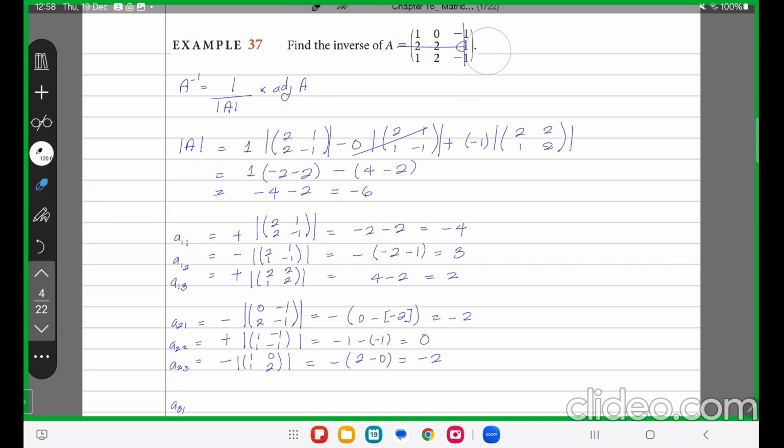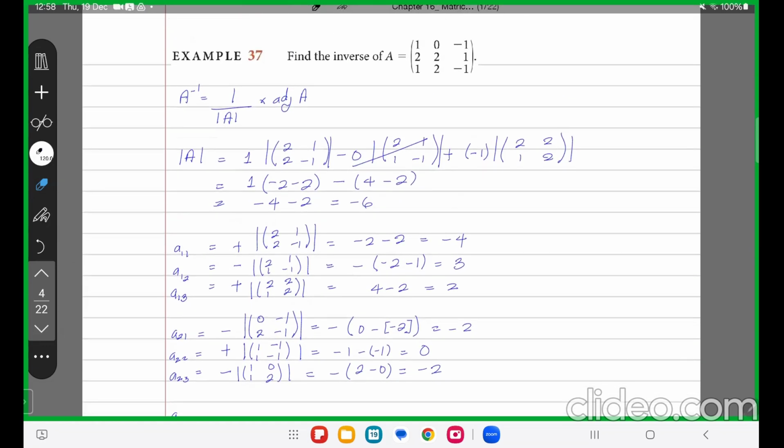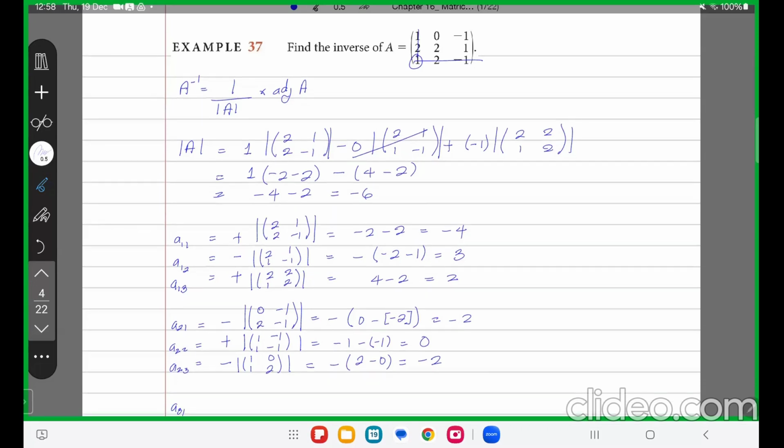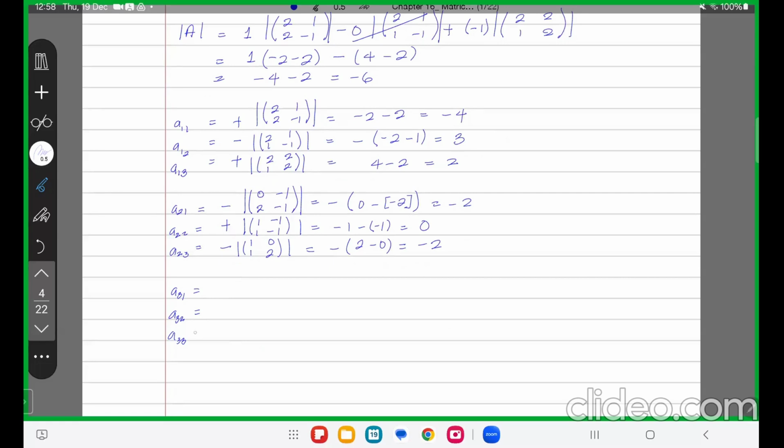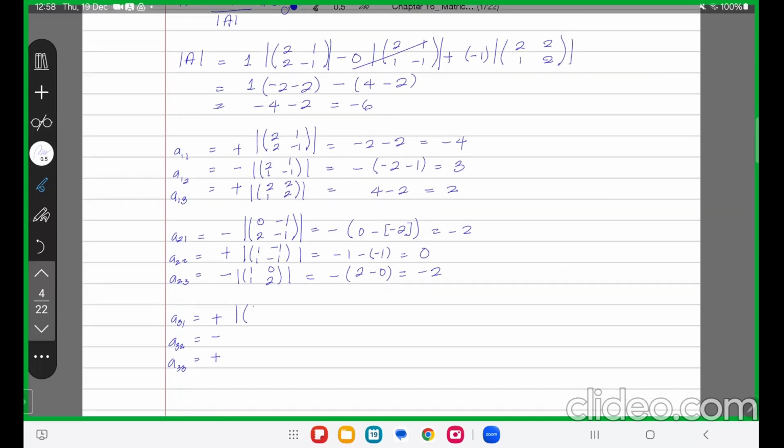Last row, 0, 2, minus 1, 1. Sign convention, zero, 2, minus 1. This is 0, minus, minus 2. This is 2.